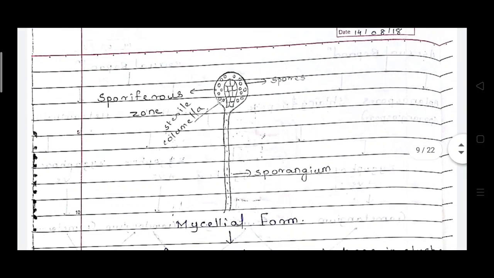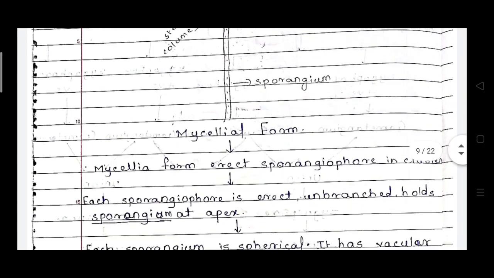This is the structure of Rhizopus. In that, the sporangium is present. In the sporiferous zone at the tip, spores are present, and at the center the sterile columella is present. The mycelium forms erect sporangiophores in clusters.